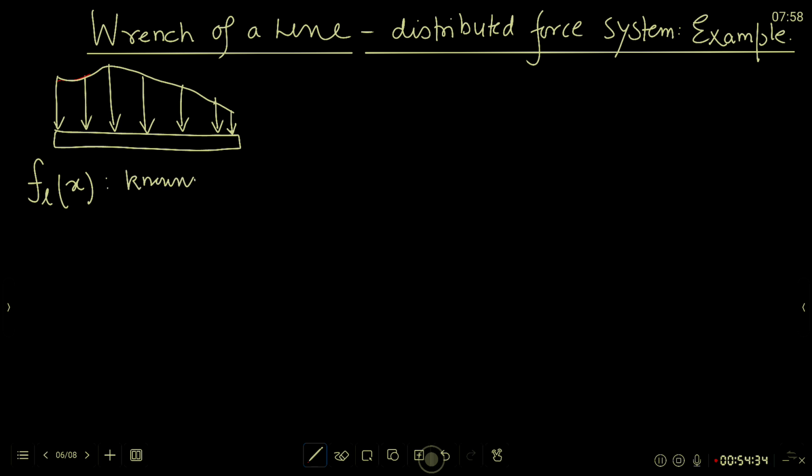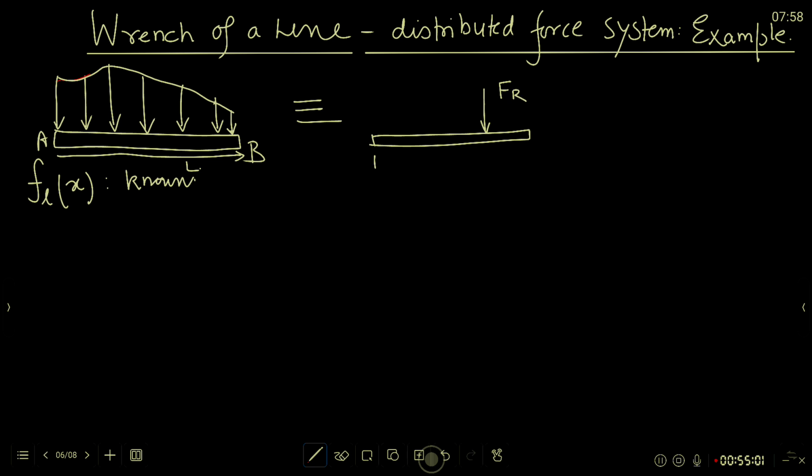I want to replace this force system, this length is L. Note, I want to replace this force system by one single force Fr acting at special location W. Let's call this length as XR.